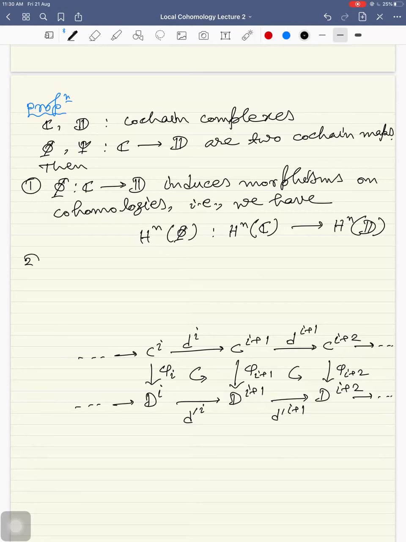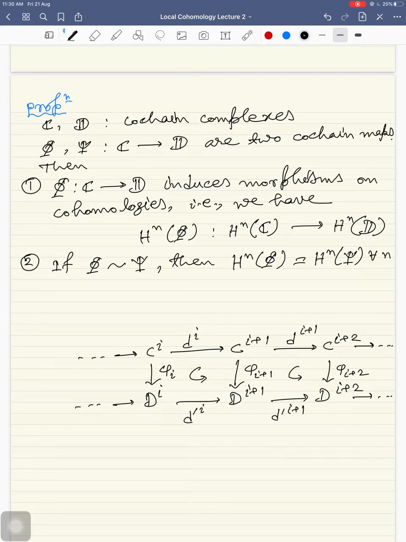The second statement says that if two cochain maps are homotopic, then on the cohomology level they induce the same maps, for all n.